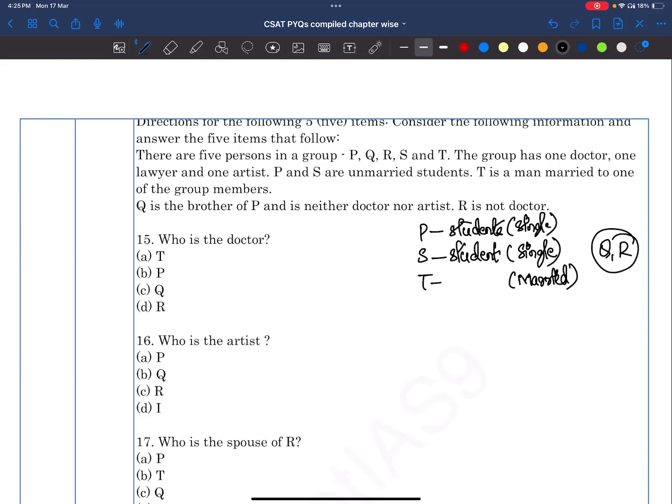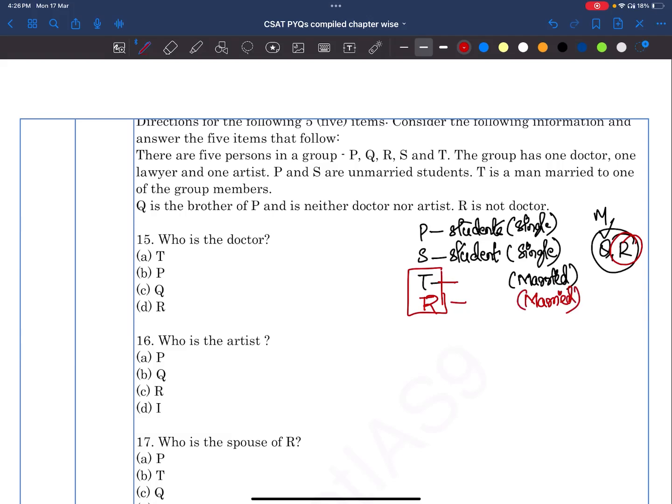Now Q is brother of P. That means Q is male, right? So simply R is female. So T is married to R. So these people are a married couple.